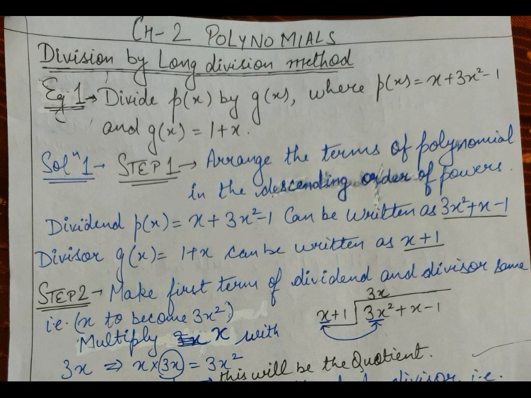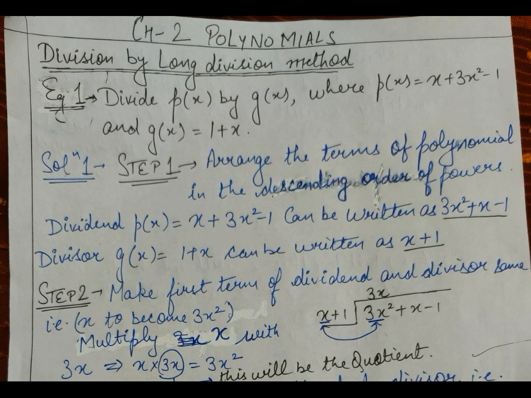So p(x), which is to be considered as the dividend, can be written as 3x square plus x minus 1, and g(x), the divisor, can be written as x plus 1.